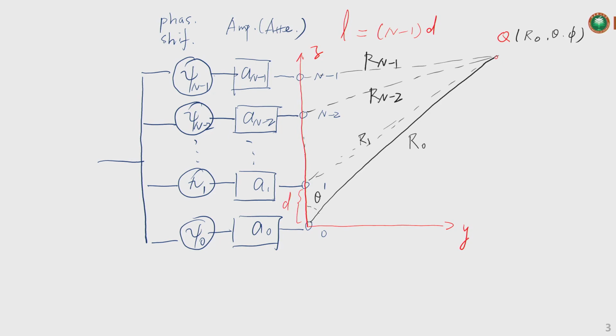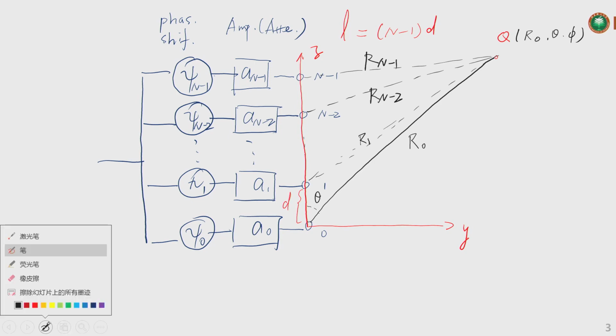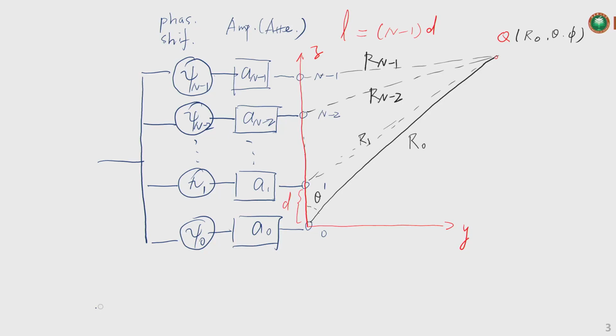So what we can do is, for the total electric field observed at point Q, it can be represented as E theta phi.